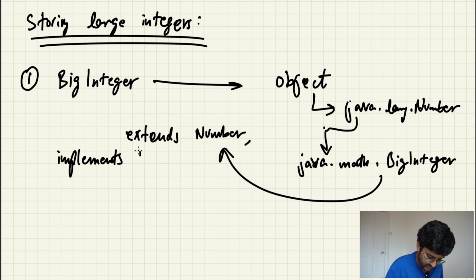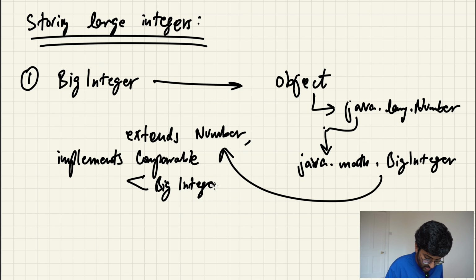Why am I telling you this? Comparable. Because we already covered in the object-oriented programming playlist extends, implements or whatever, right? So when we covered this, we knew what it means when you say implementing an interface or extending a parent class.